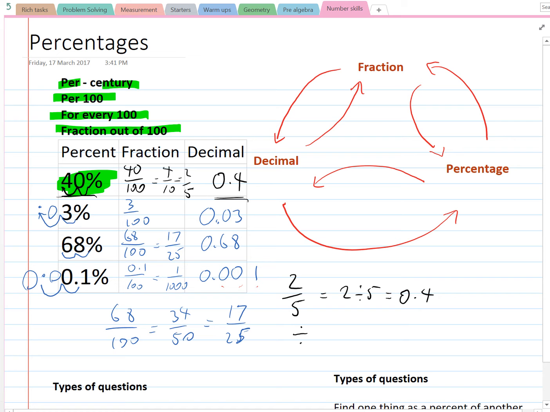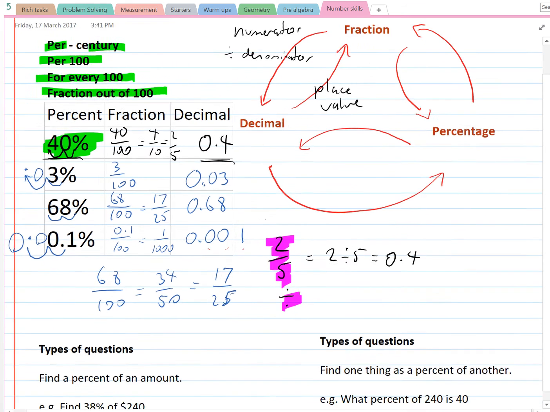So fraction to decimal, the best way to do it is, like I said here, there's no coincidence that looks like divided by. So basically what you're doing is the top number, which is the numerator, divided by the denominator. Decimal to fraction, you use your place value.